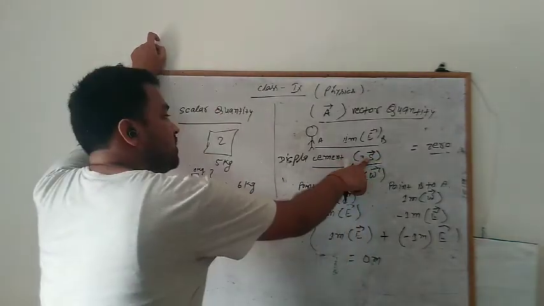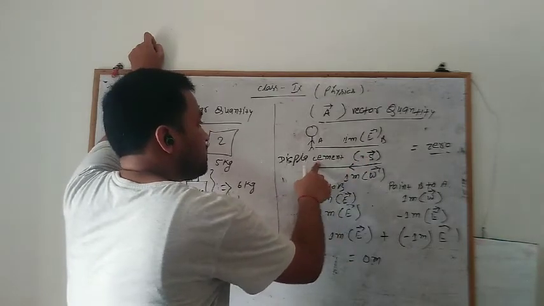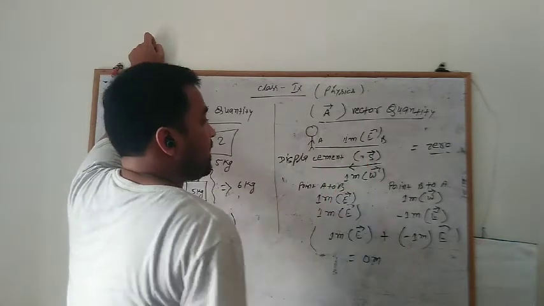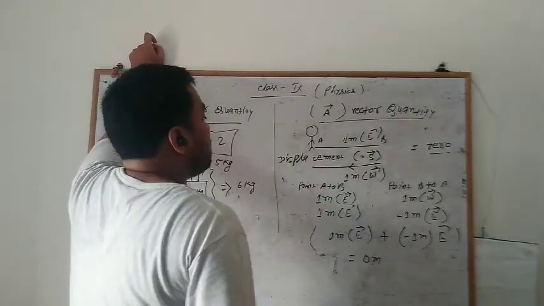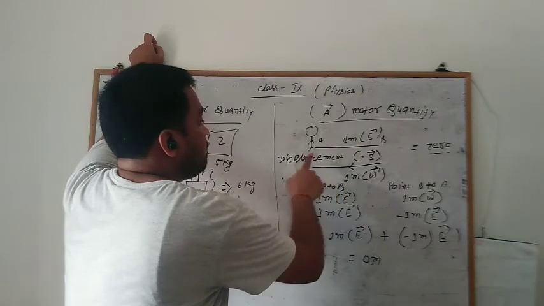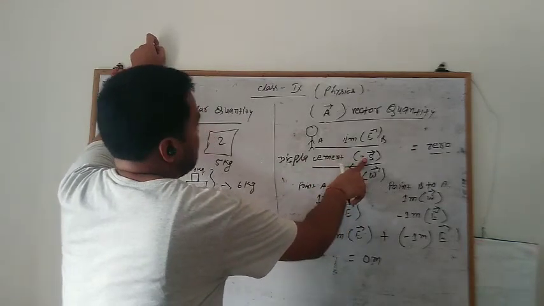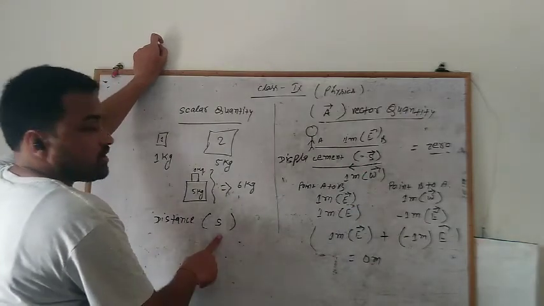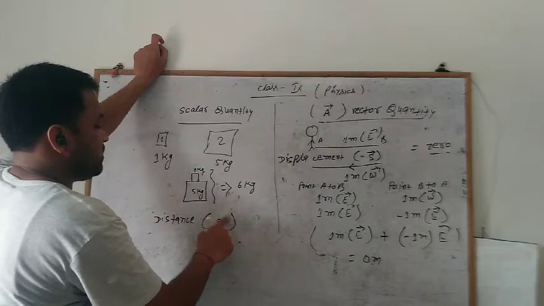If the symbol has this arrow sign, that means this s represents the displacement, because the arrow sign indicates that this symbol has direction. So displacement is a vector quantity because it has magnitude as well as direction. Distance is simply represented as s, with no arrow sign.